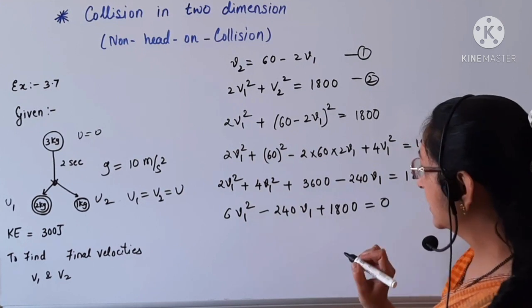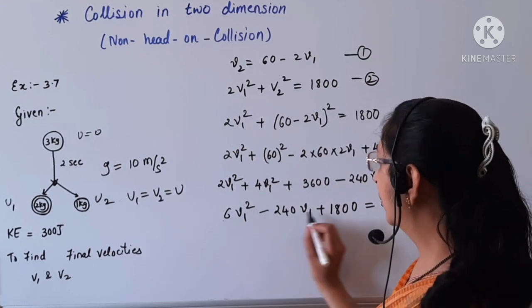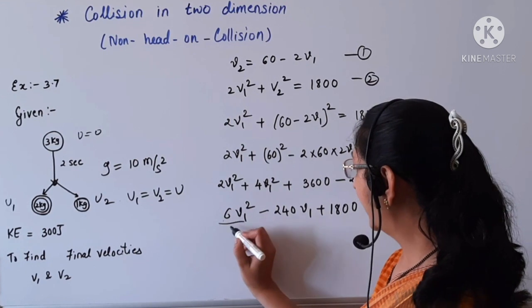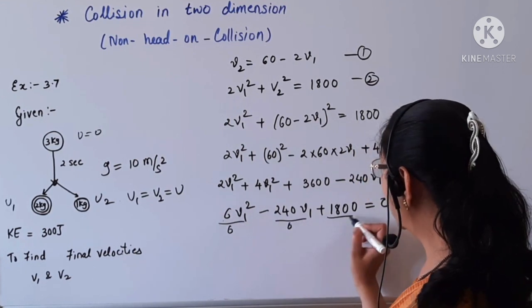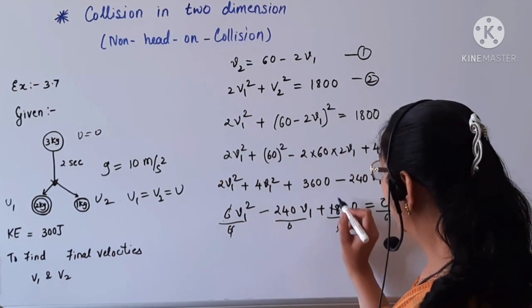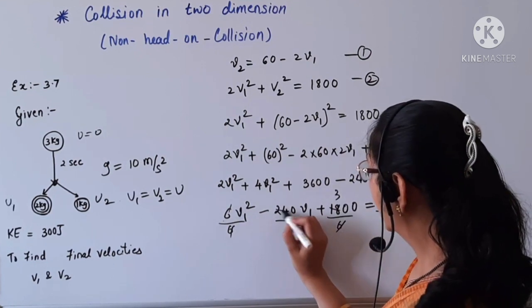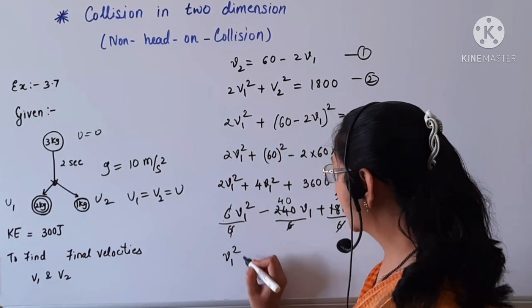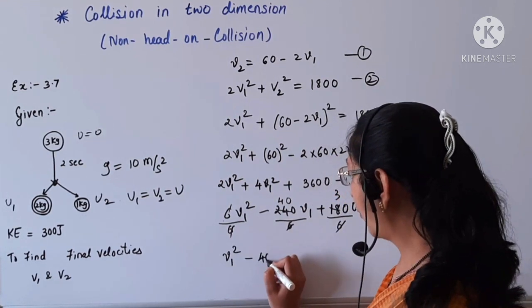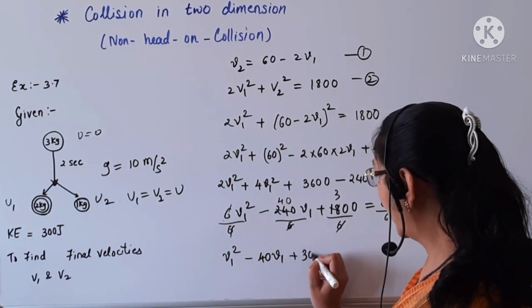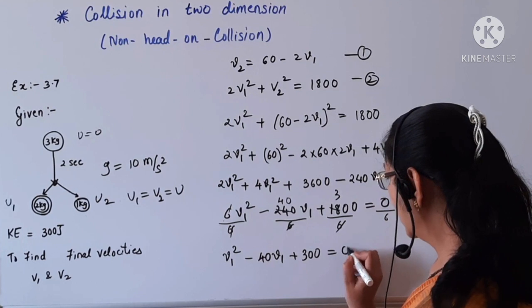This is equal to 0. Now dividing the whole equation by 6, this cancels, here we get 3, this is 4. So we get v1 square minus 40 v1 plus 300 is equal to 0.